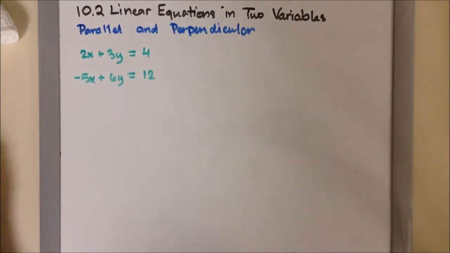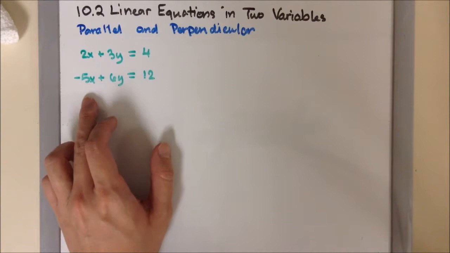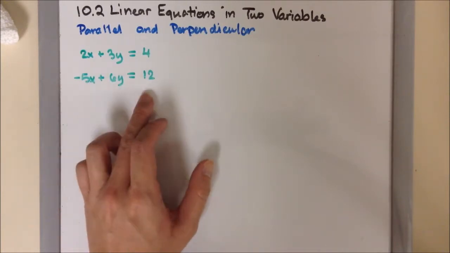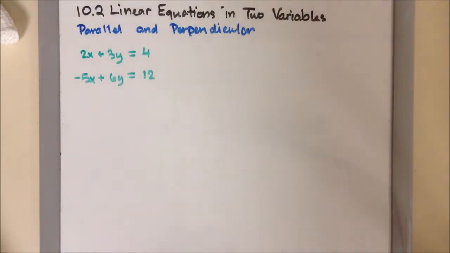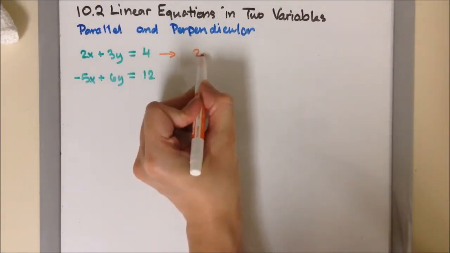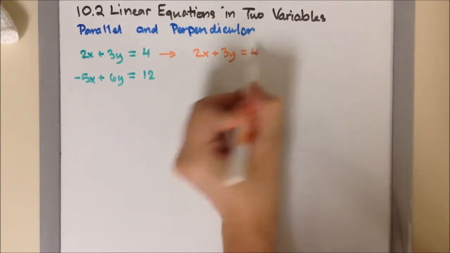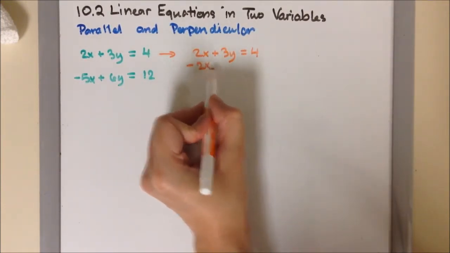In this third example, we have our first equation, 2x plus 3y equals 4. The second equation, negative 5x plus 6y equals 12. Alright, so let me convert the first equation into slope-intercept form. So I'm going to subtract 2x on both sides.